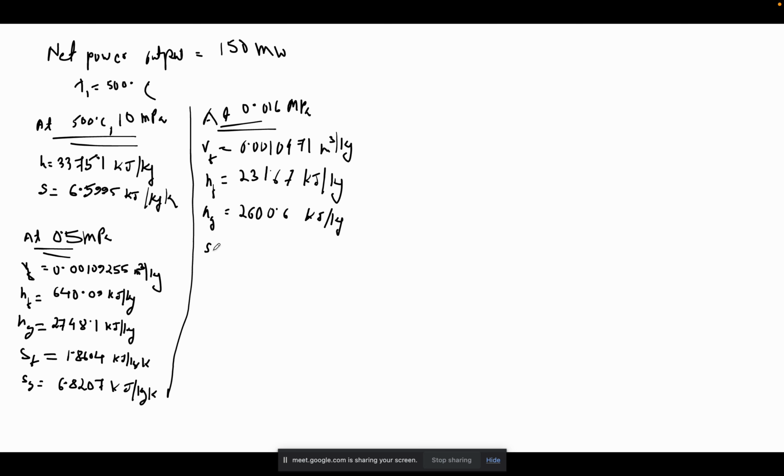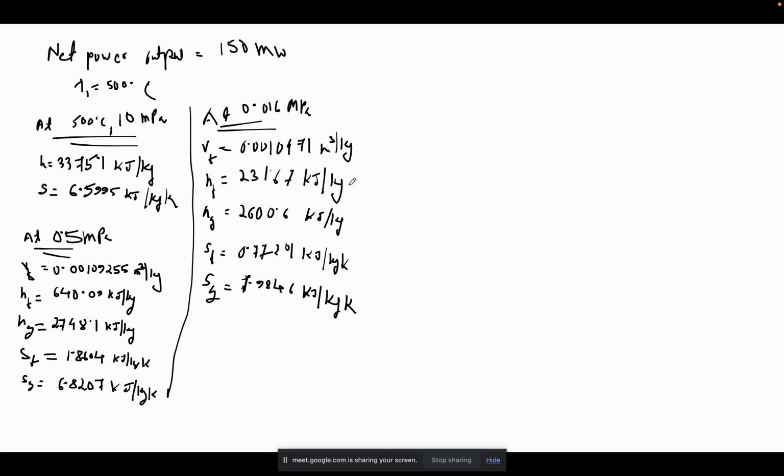Sf is equal to 0.77201 kilojoule per kg Kelvin, and Sg is equal to 7.9846 kilojoule per kg Kelvin. Okay, so these are the different values from the steam table that I know.